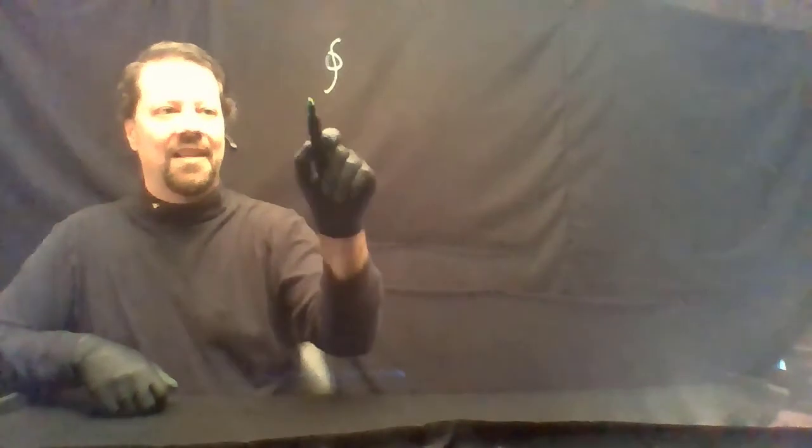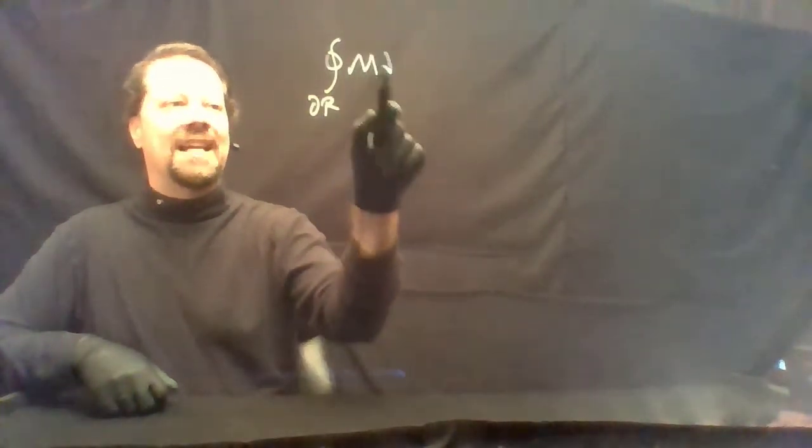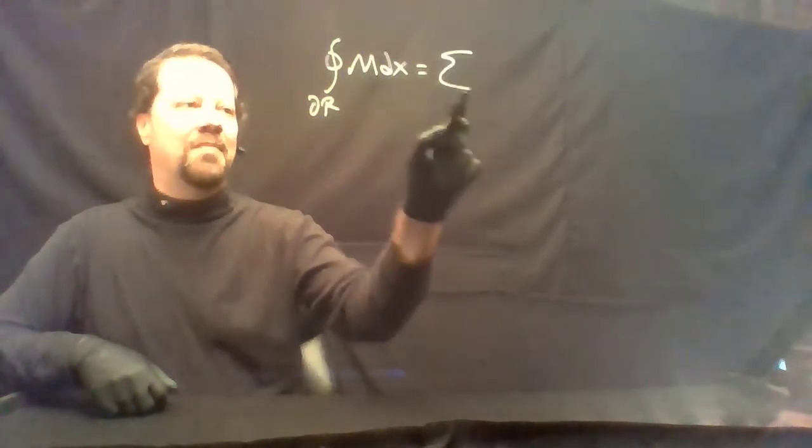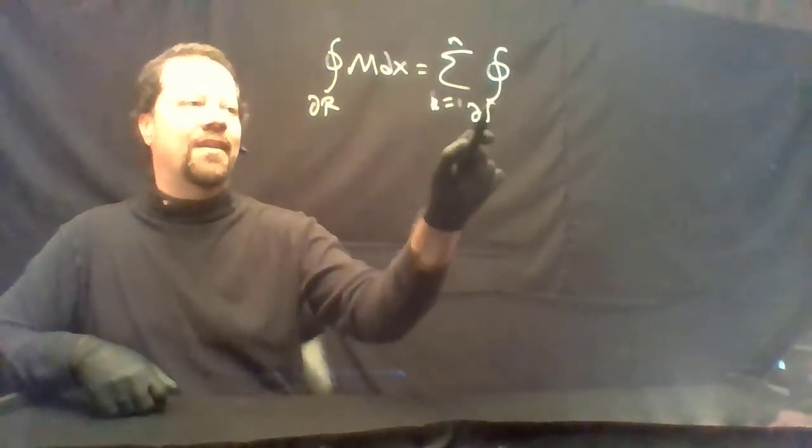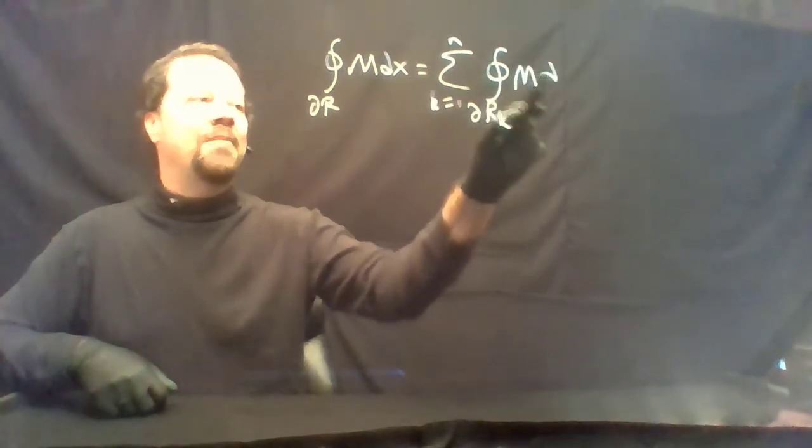So the integral around the boundary of R of m dx is the sum, as k goes from 1 to n, of the integral around the boundary of the R sub k's of m dx.